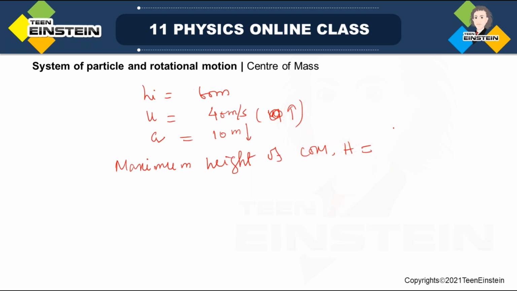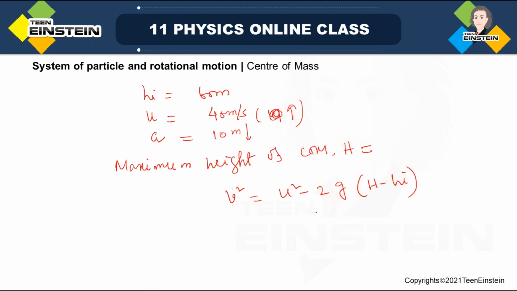Okay, that is equal to, we know this formula, S minus S0, sorry, V square is equal to u square minus 2g, here H final minus initial, like that we do.